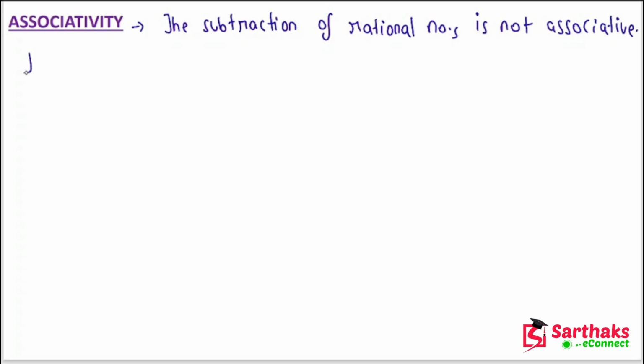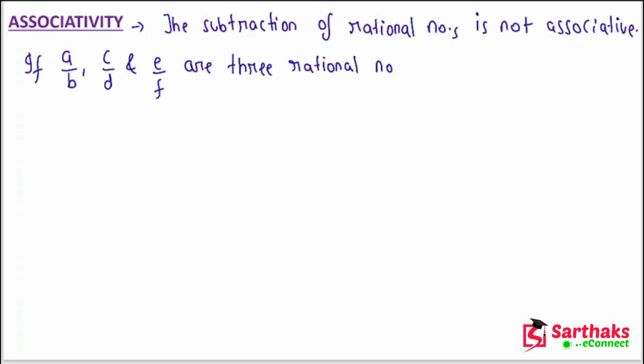So it states that if a upon b, c upon d and e upon f are three rational numbers, then a upon b minus c upon d minus e upon f.